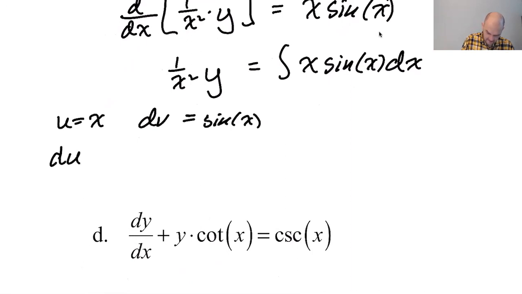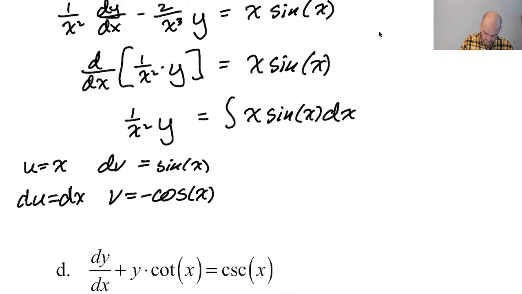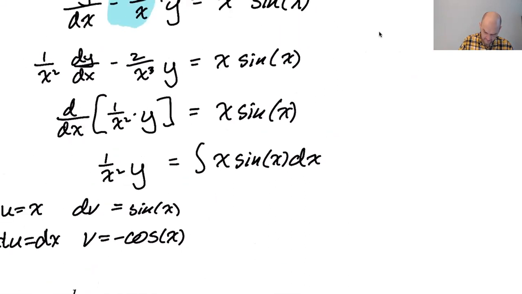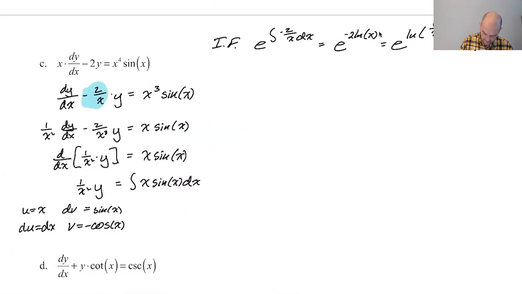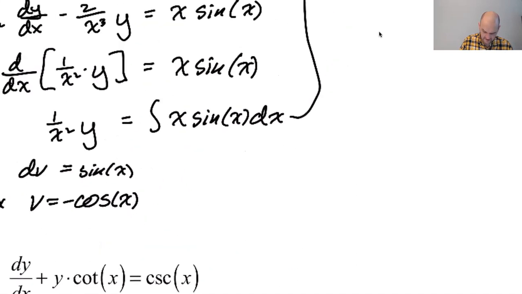So du is dx, and then v is going to be negative cosine of x. Okay, so where am I going? I'm going to go up, up and over. I'm going to write it down here, and then I'll just move it.